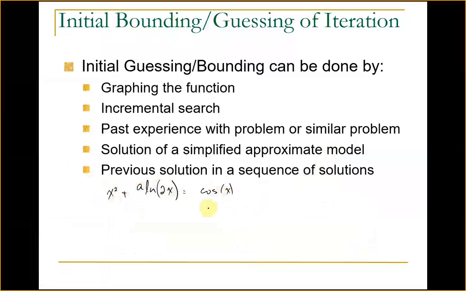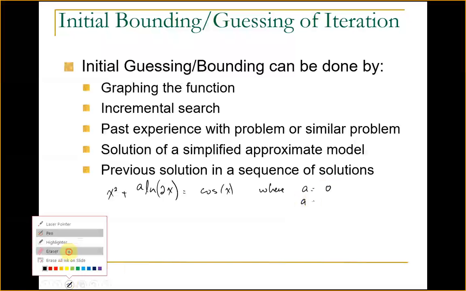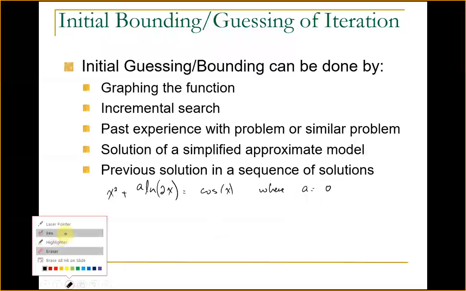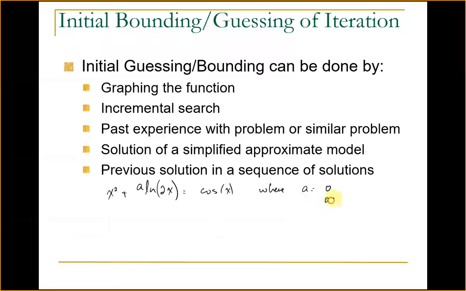Now instead of writing it once, we want to know where a is equal to 0, 0.1, and so on, all the way to 1.0. Alright?